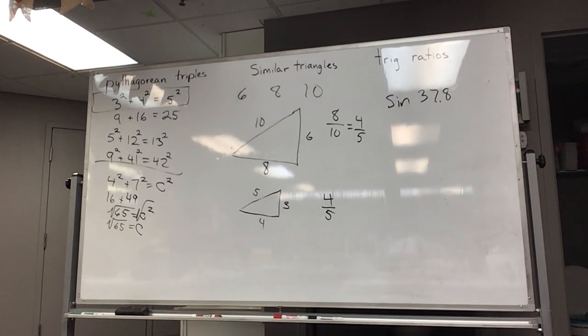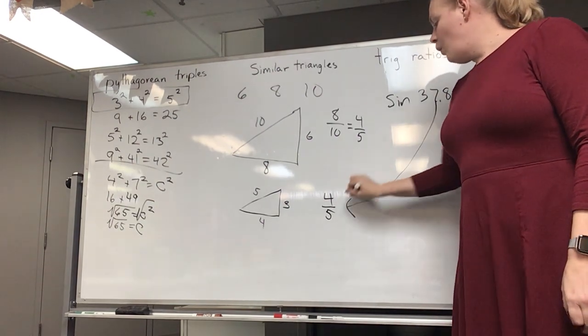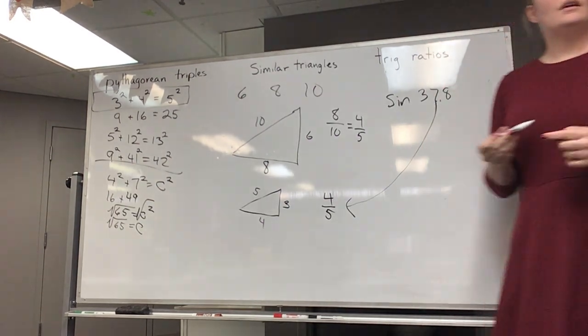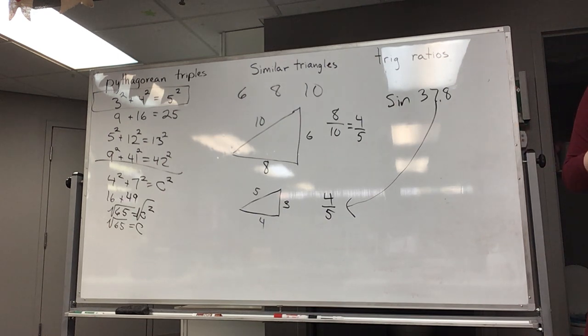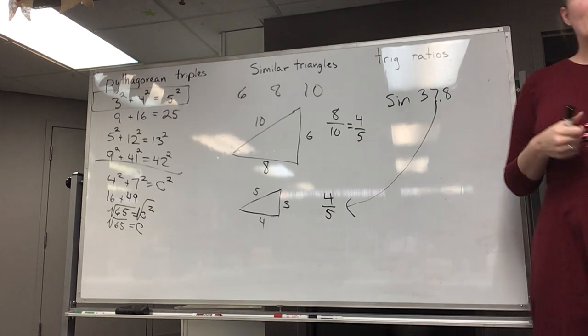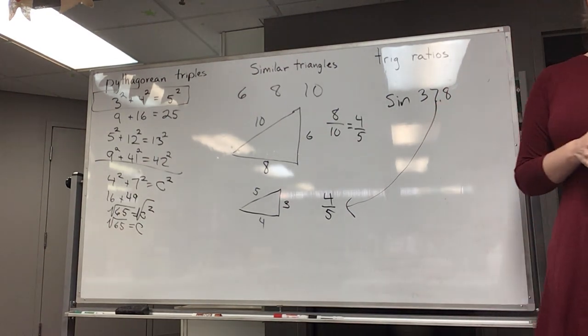If you type that into your calculator, it is going into that giant database and looking up the fraction that is associated with that particular angle. Every single angle has its own fraction ratio, but it's stored as a decimal.